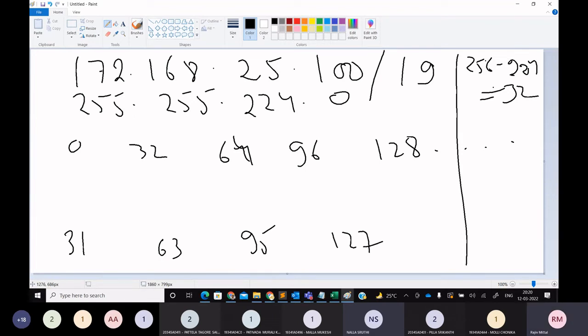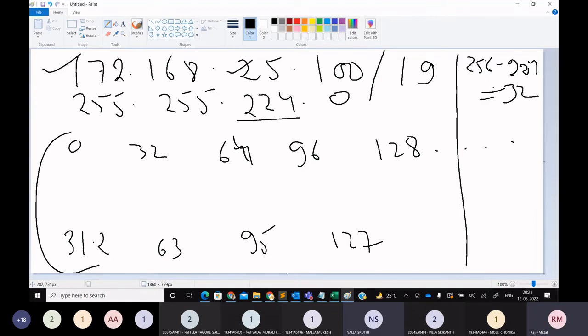So where will your IP lie? This IP. What is the network address? 0 to 31, exactly. Because you have taken this, and this is the IP you have to take, so here it will lie. This one.